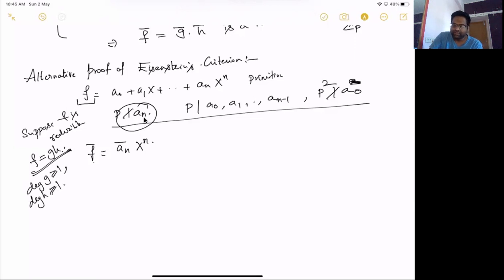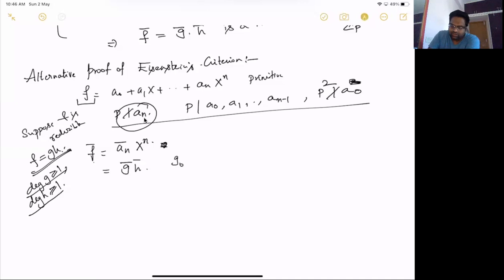Therefore, F bar can be written as AN bar x to the power of n, which can be written as G bar H bar. From this, you can easily see that G bar has degree at least 1, and the degree of H bar is at least 1.